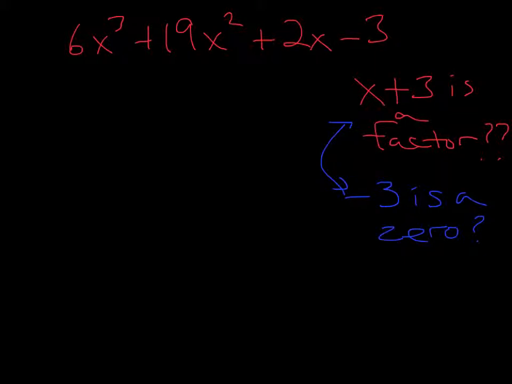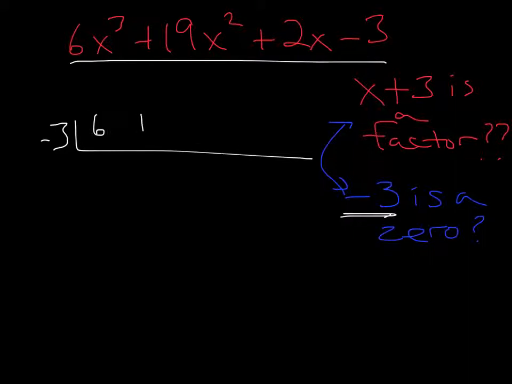So, using synthetic division, we now know that if I divide this guy by negative 3 using synthetic division, and my remainder is 0, then negative 3 is in fact a 0. So let's go ahead and do that. Negative 3, then 6, 19, 2, and negative 3. Notice that all my terms are there, and they're in descending order. I don't have to put any zeros in. So 6, this becomes negative 18.